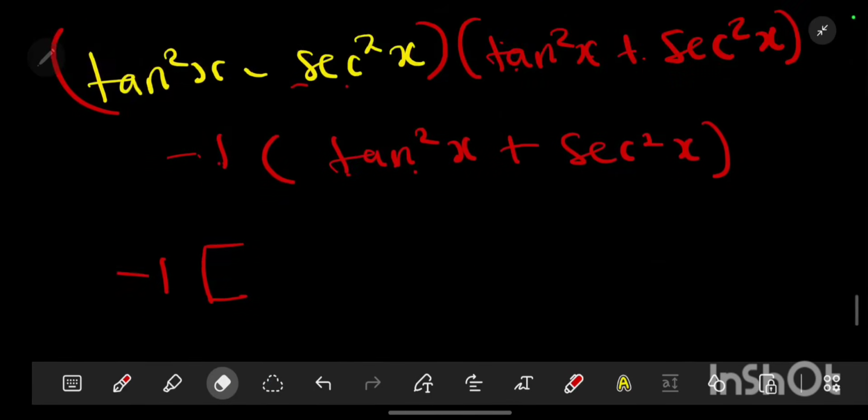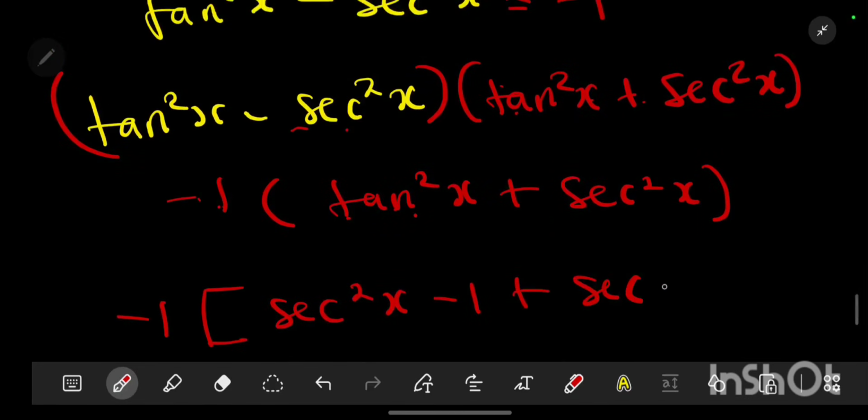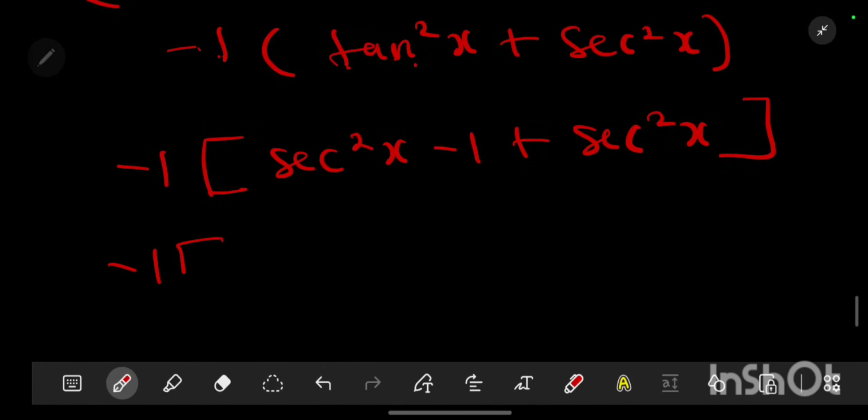So this will be sec squared x minus 1 plus the sec squared x. So we have -1 sec squared x plus sec squared x, which will be 2 sec squared x minus 1, like that.